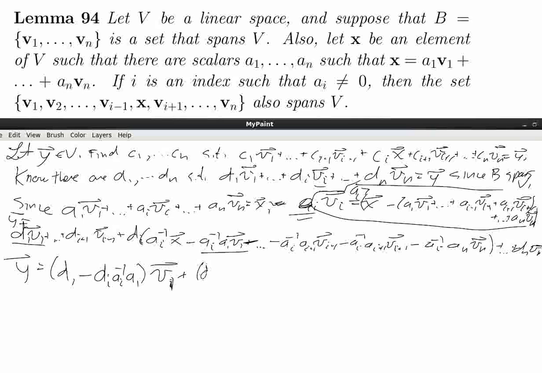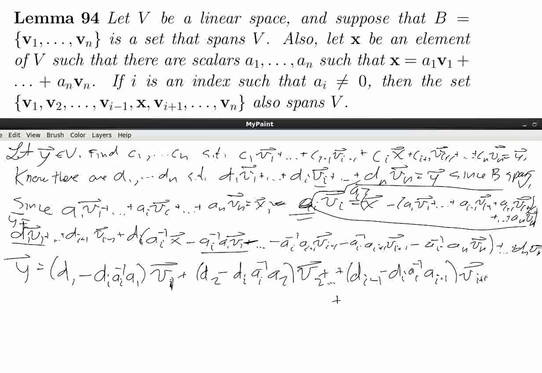Plus, I'm going to have the same thing here: d2 minus di ai inverse a2 v2, by just grouping all the 2's together. There's a 2 there, there's a 2 right there. Plus same thing with i minus 1: di minus 1 minus di ai inverse ai minus 1 vi minus 1.